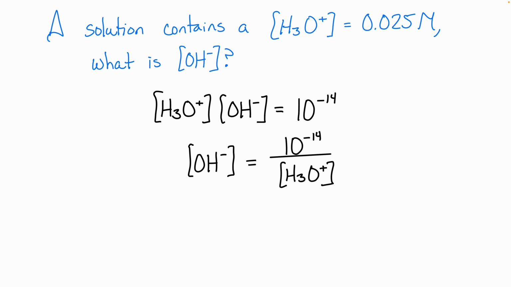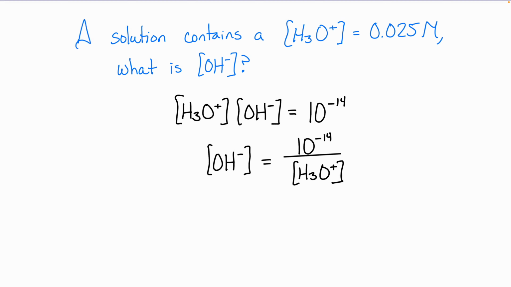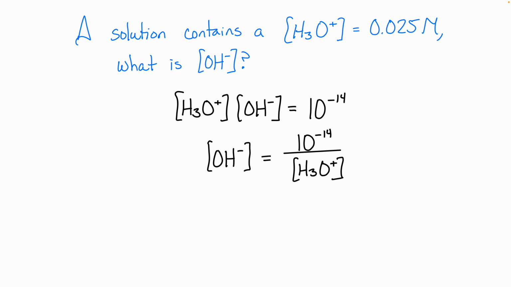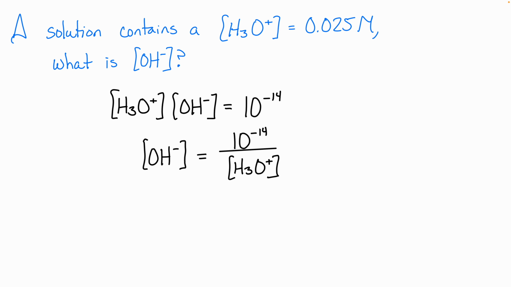All right, so I took that autoionization relationship, the product of those two concentrations equals 10 to the negative 14, and I rearranged that equation to solve for my concentration of hydroxide. So now I'm going to take 10 to the negative 14 and divide by that 0.025.